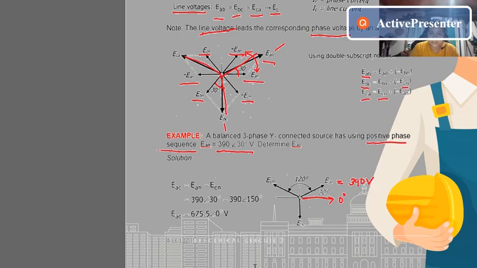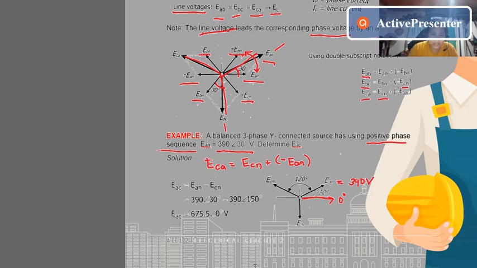So, therefore, diba sa atong formula is ECA is equal to ECN plus negative EAN. Since ang gihatag is EAN, so given nga EAN, we need to solve for EAC. So, ang reverse aning ECA.